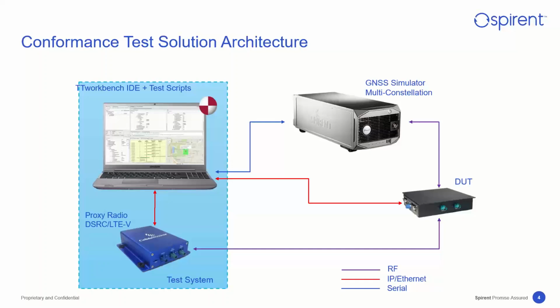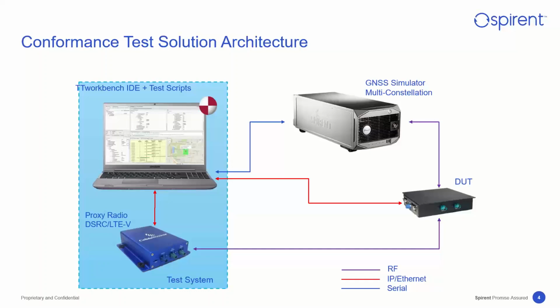Also part of the test system is a proxy radio that we use for accessing the RF. That proxy radio can be either DSRC or LTE-V. Displayed here is called a wireless unit, which we use pretty much as standard, but the solution is agnostic to that.